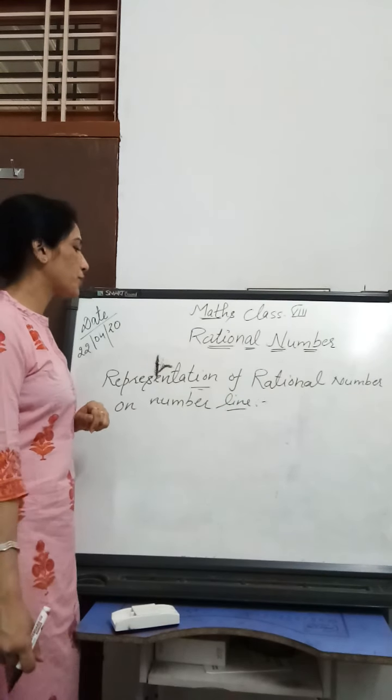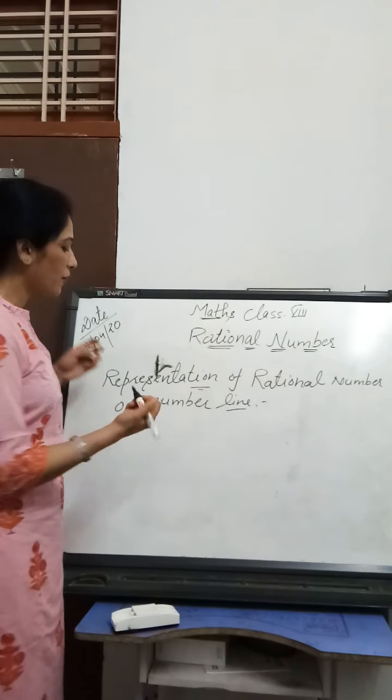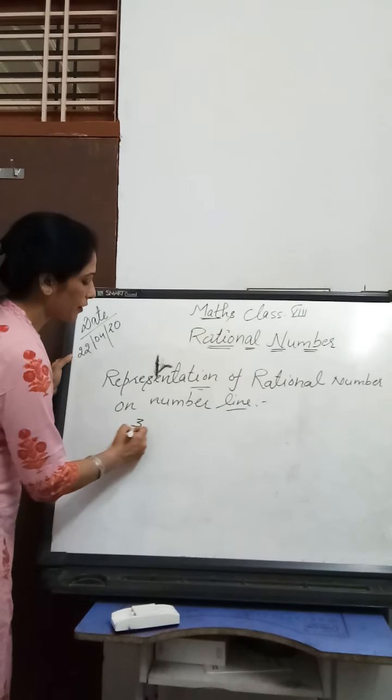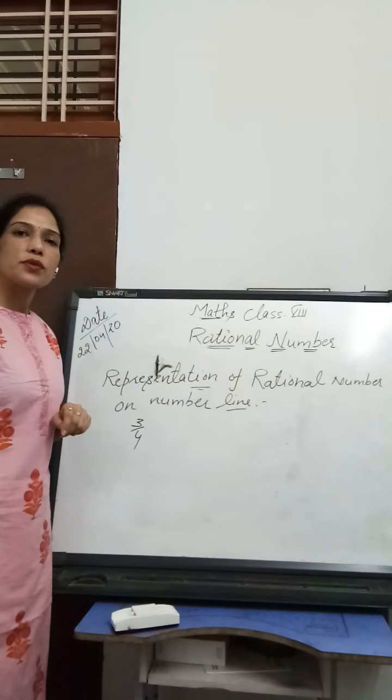You will see how to represent the rational number on number line. For example, the question is 3 by 4. Now this rational number you have to represent on number line.